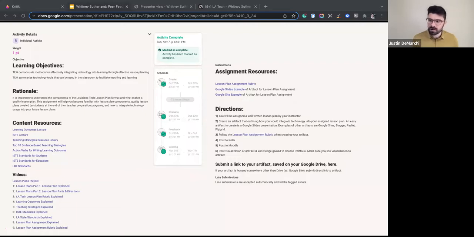Calibrating, showing them what a not so strong, middle to really strong assignment looks like. So all these pieces put together help put them on the path to be more successful. But it's in combination with all those different pieces that you've done to help set your students up for success.